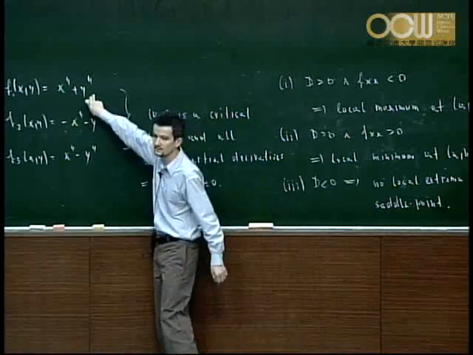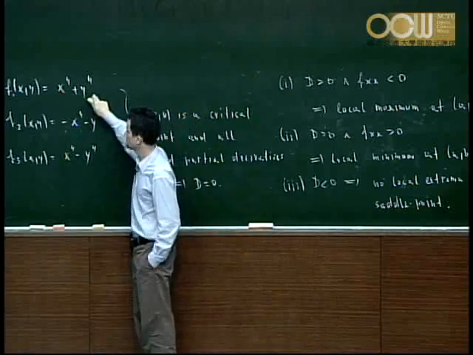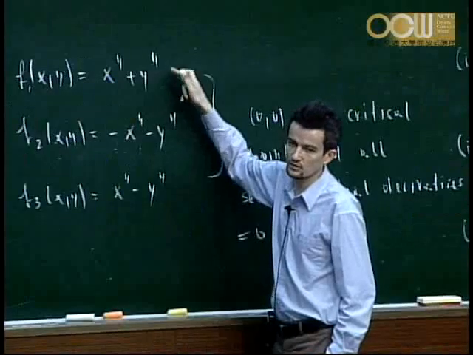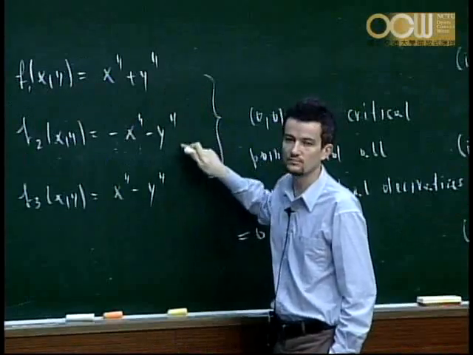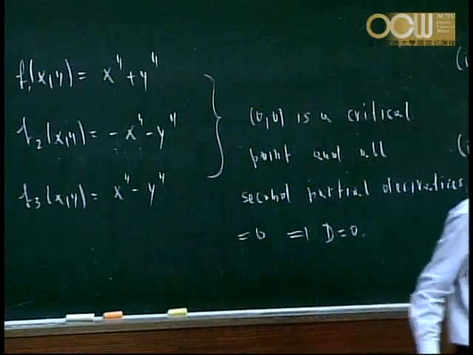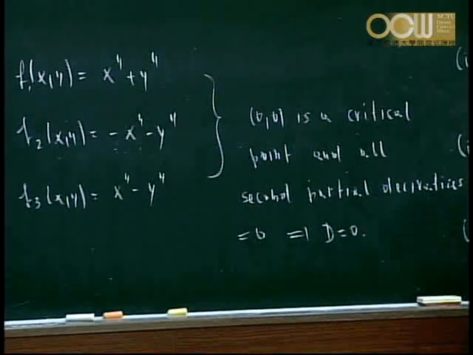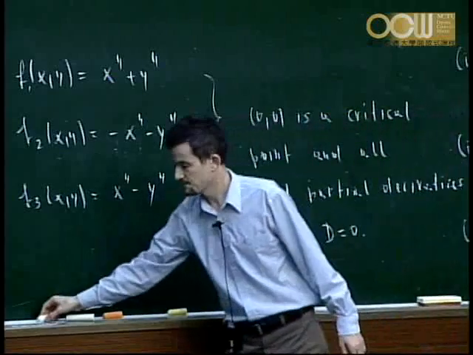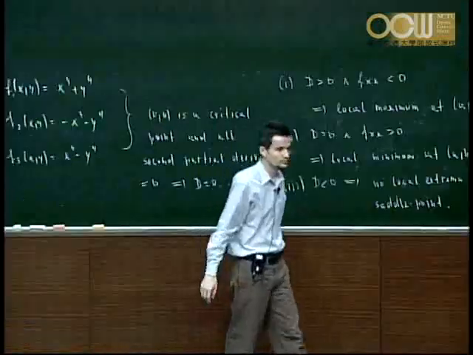But here you have a local maximum, actually an absolute maximum, and in the other cases a local minimum, and nothing. So for D equal to 0, there cannot be a clear decision. Next time I will show you how to prove this.